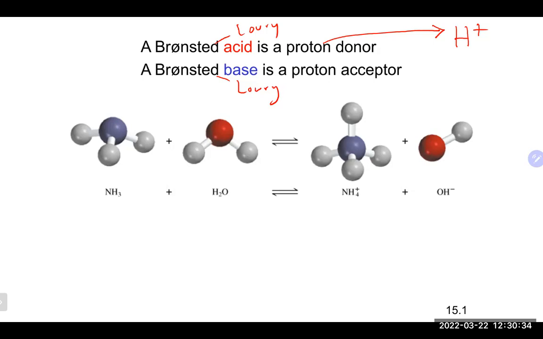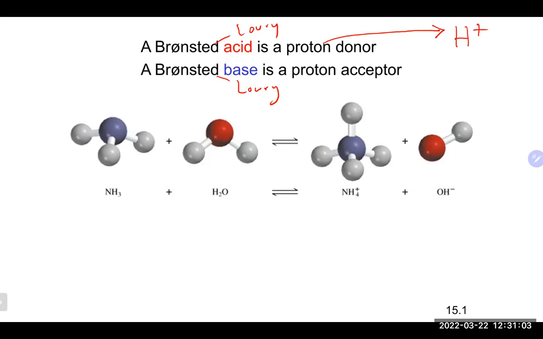So it's really important that when we're talking about the Bronsted-Lowry definition of an acid or base, we're talking about a proton being donated or accepted, but it's not just the hydrogen. The plus is important because it actually does change the overall charge, right? If somebody gains the H+, it becomes 1 more positive. Somebody loses the H+, it becomes 1 more negative. So it does affect the overall charge.